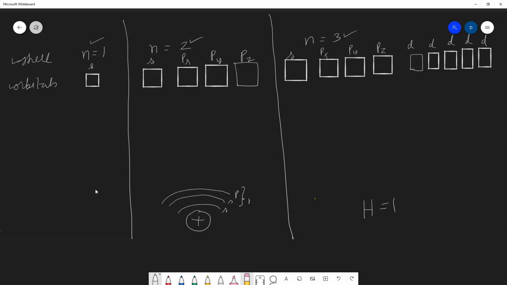This is for shell 2. For shell 3, the s comes first, then p comes second, afterwards it's d, s, p, d. So you have to start filling the shell that is nearest to the nucleus.